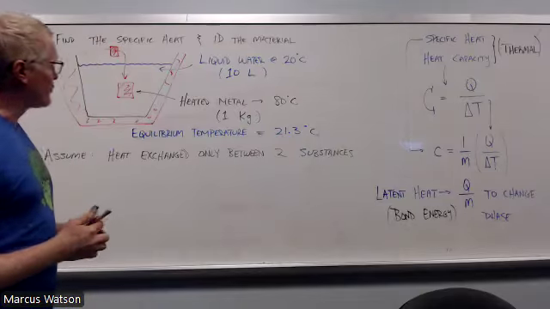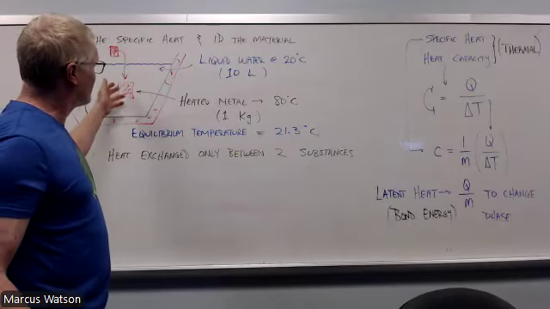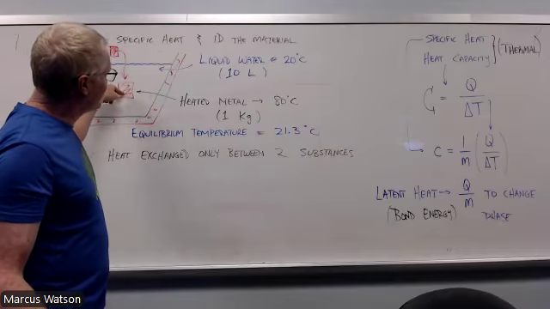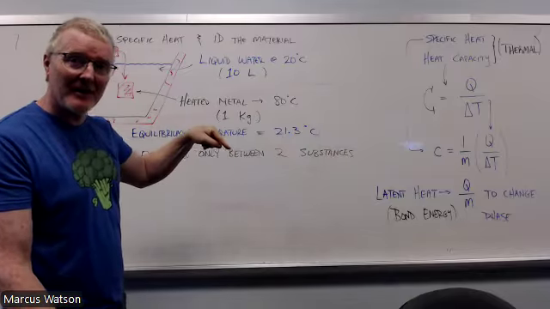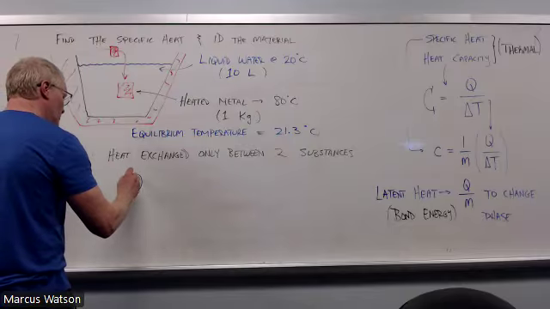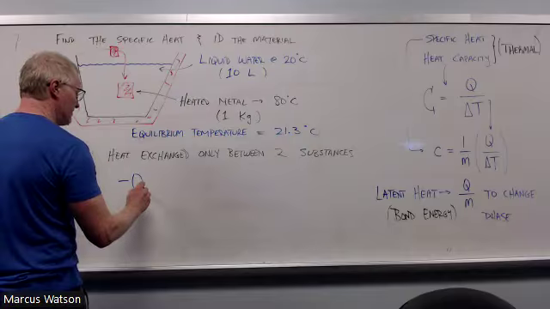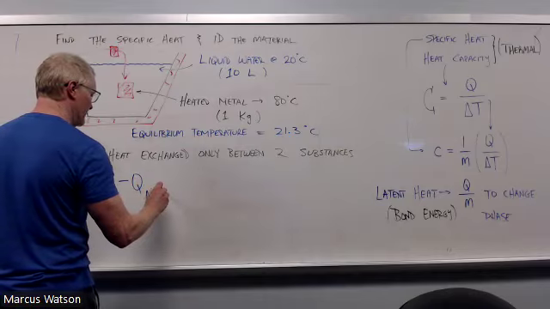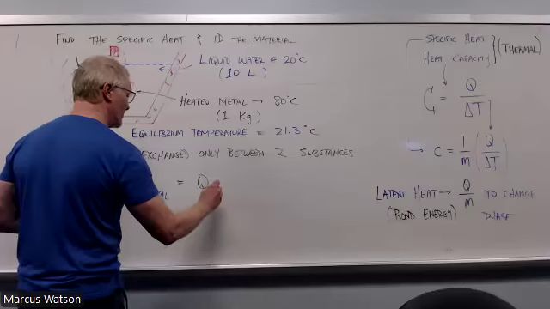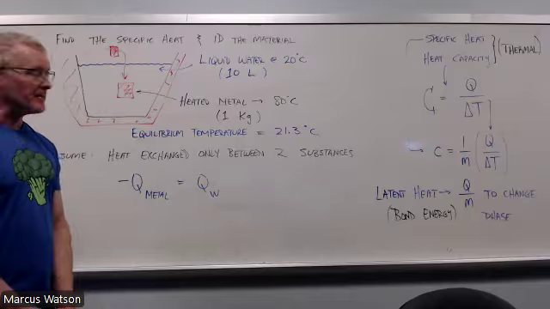And that means I can write that the heat lost by the aluminum, or whatever this turns out to be, whatever heat is lost by this metal, is going to be the heat gained by the liquid water. So in other words, Q, which is lost by the metal, I already gave it away, but that's okay, should be heat gained by the water, like so.